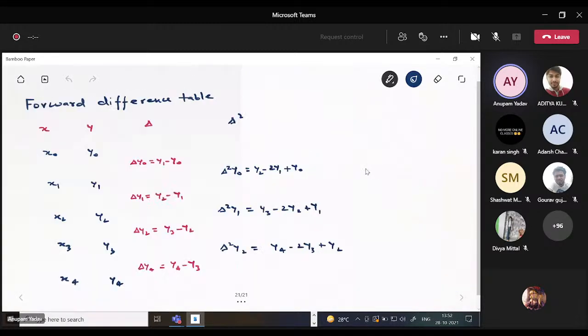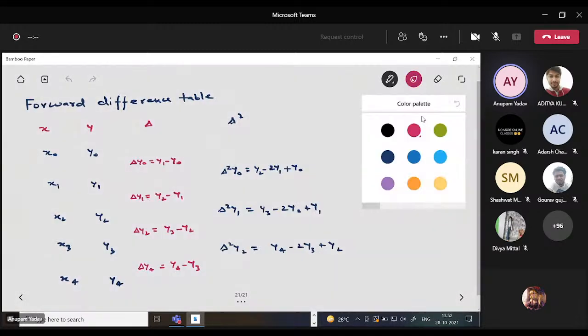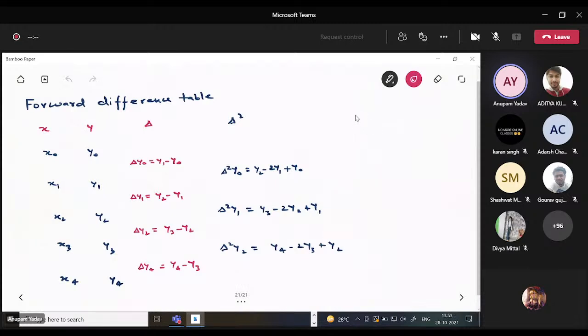We can further process it and go for del 3. Del 3 y0 will be nothing but this minus this. I'm not writing it, it is understood. Then del 3 y1, and finally del 4 y0.